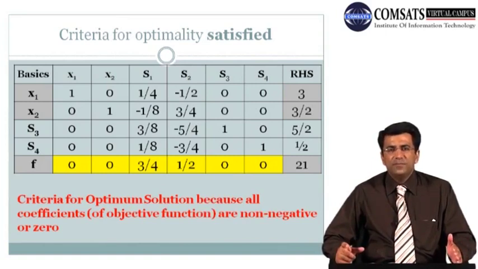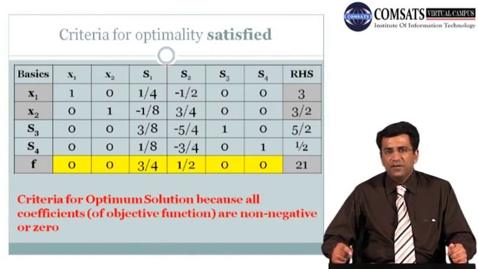We will have to identify the pivot column, the pivot row, and the pivot number. How can we identify the pivot column? That is actually the column corresponding to the minimum objective coefficient.